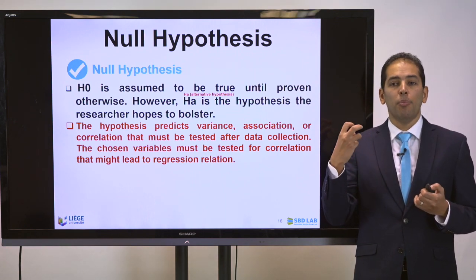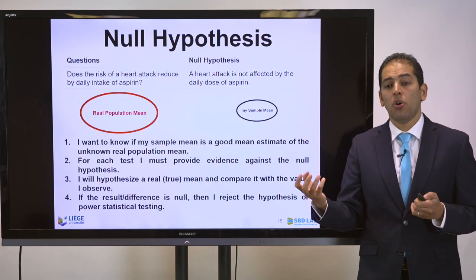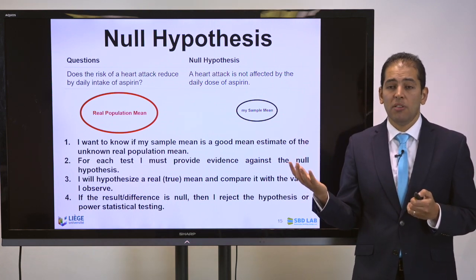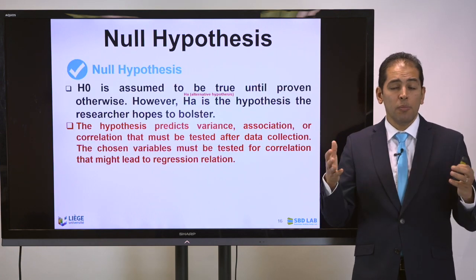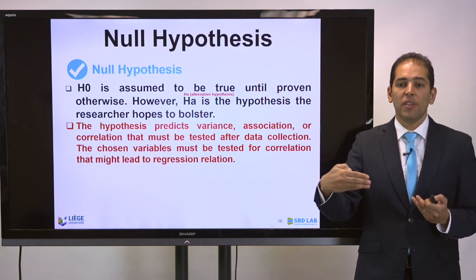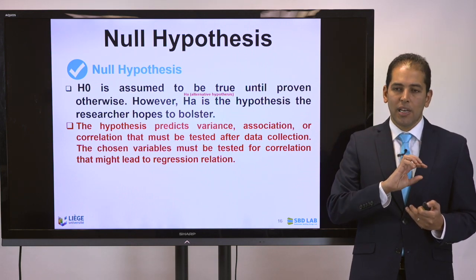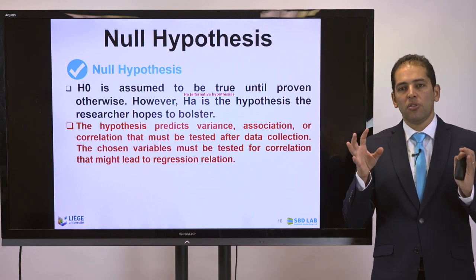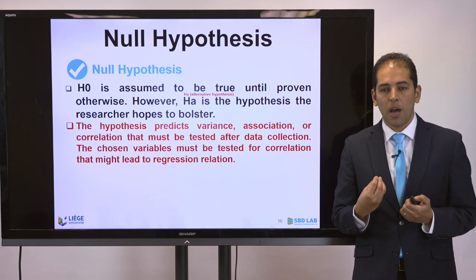If you want to bolster your hypothesis and you still have negative results, the only way is to do power statistical testing. I don't promise it will give you a positive result, but that's the only way out, or simply to recognize that there is no influence of aspirin uptake on the reduction of heart attack risk. This is how it should be done when you have a research question and a sample, and are investigating the null hypothesis.